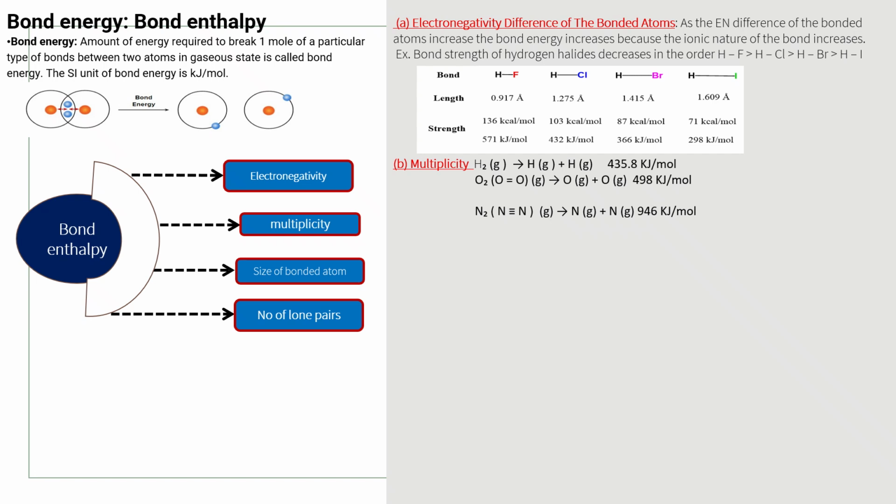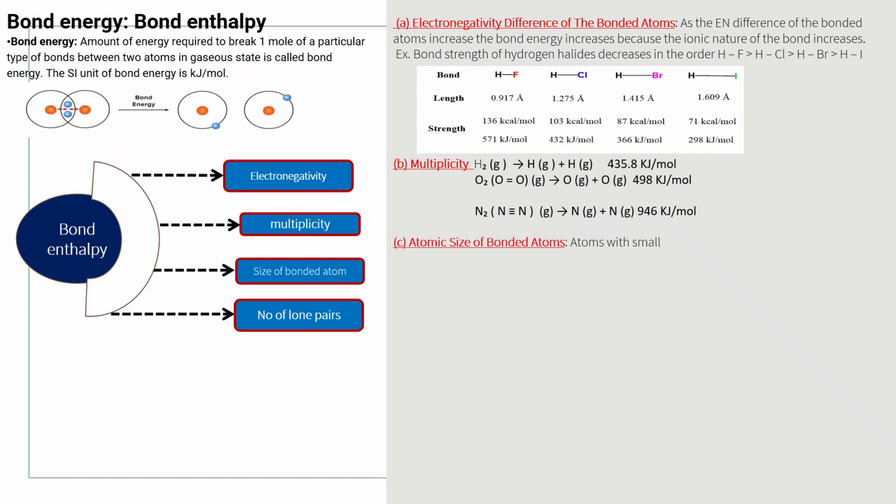To break this double bond, it requires 498 kilojoules per mole. In nitrogen molecule, two nitrogen atoms are bonded by a triple bond. If you break this bond, it requires 946 kilojoules per mole. So if the number of bonds between the bonded atoms increases, the bond energy also increases.